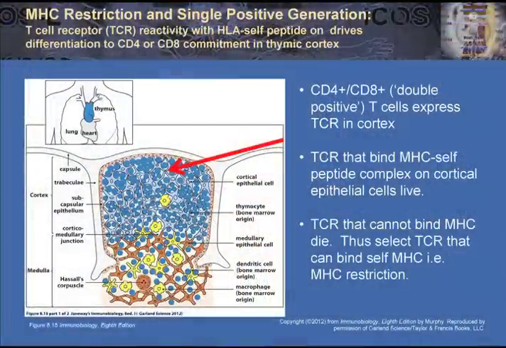And the mistakes will be in both the alpha chain and the beta chain that make up the T cell receptor. Without both of them being productive and able to recognize self, they just die. Now what's interesting is that the T cell receptor that cannot bind the MHC, they die. So thus what you've generated are T cell receptors on your T cells that can bind self-MHC, that is MHC restriction.